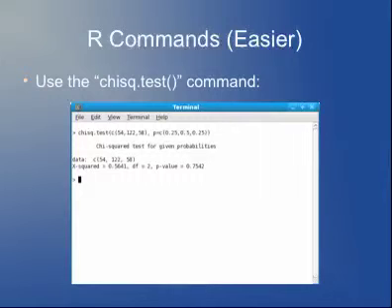And you can see we end up with the same p-value that we got on the previous slide, about 0.754. This syntax is easier than having to manually calculate the test statistic, use pchisq, and run the risk of entering your data wrong. So I recommend for practical purposes you use this syntax because it's easier.